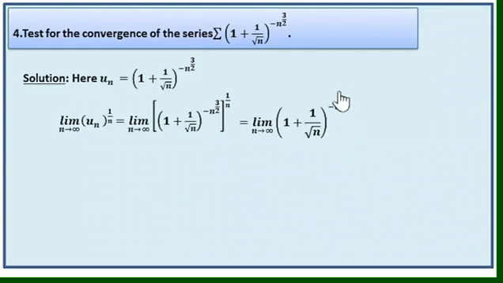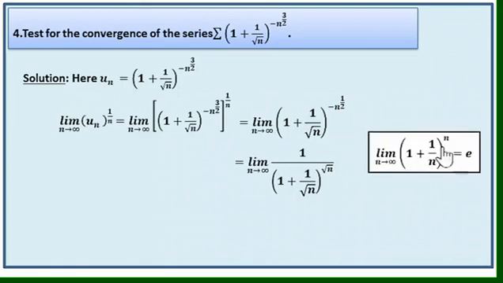Now n power half is nothing but root n. So we can write in the form 1 by, take minus square root of n to the denominator. It becomes positive. So here 1 by 1 plus 1 by root n to the power root n.